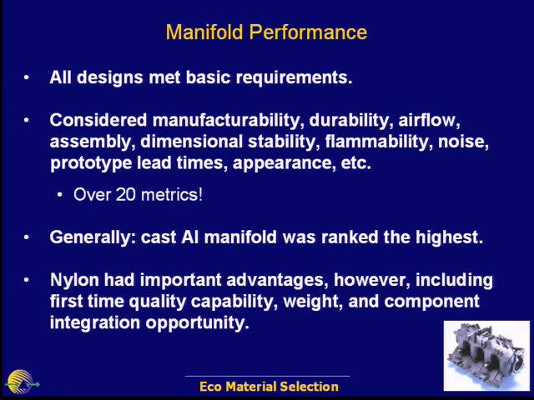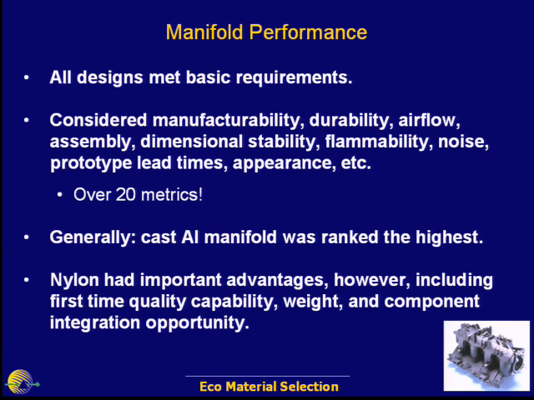Dimensional stability, flammability, right? Nylon manifold, if it's close to a hot engine, might make you a little nervous. So flammability is for that nylon case. Noise, vibrations, lead times, how fast can you prototype it, all of these were considered. Generally, the aluminum cast manifold was ranked the highest.